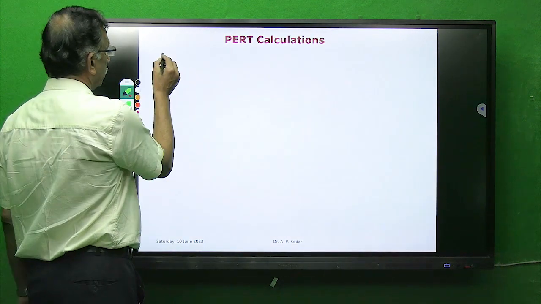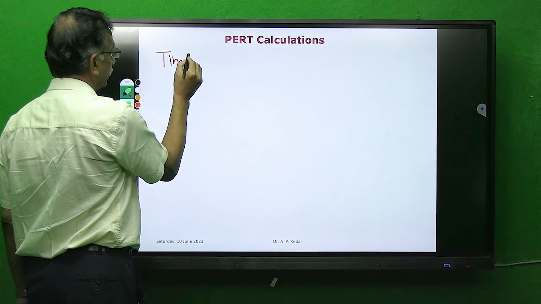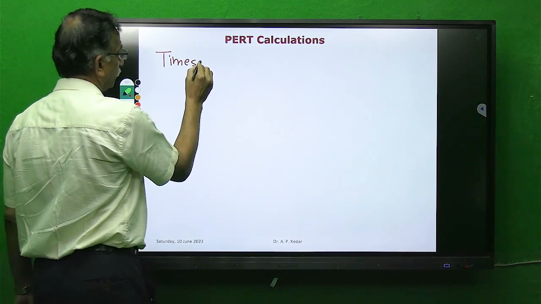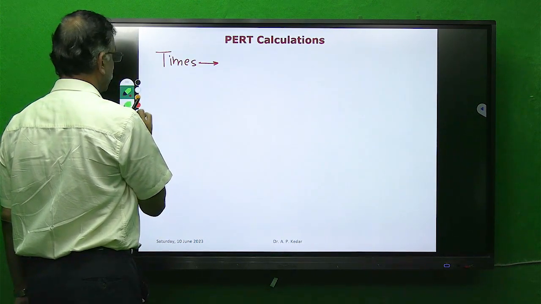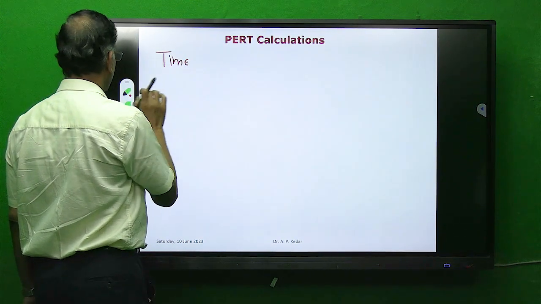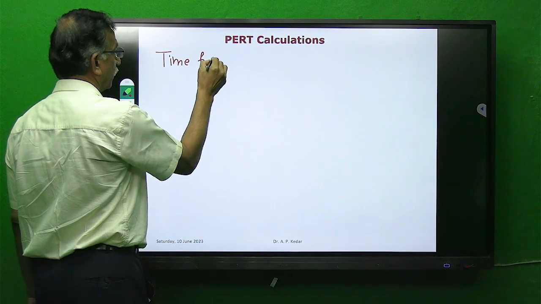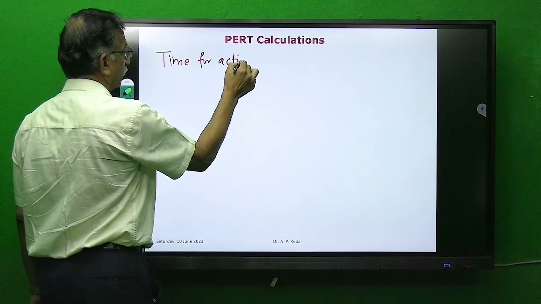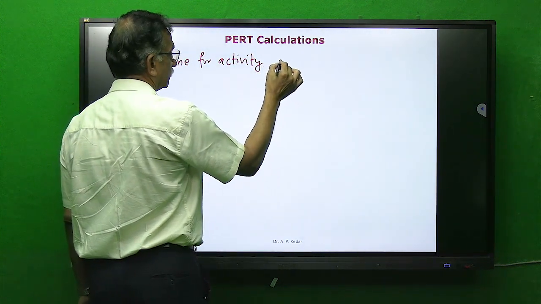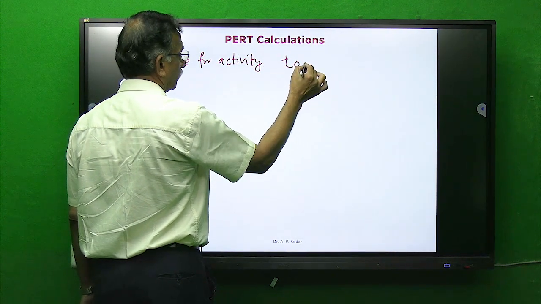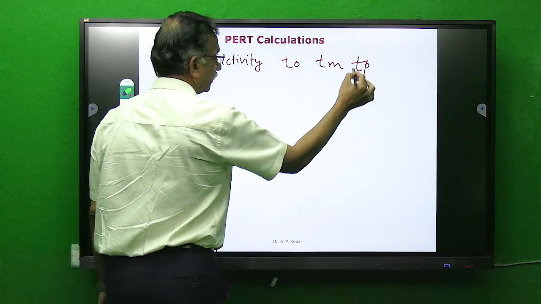We know that in PERT the times for activity will be given as TO, TM and TP.